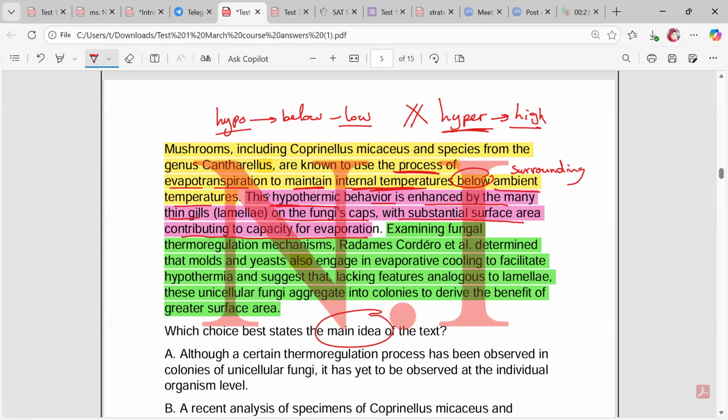Okay, so evaporation helps these plants lower their temperature.